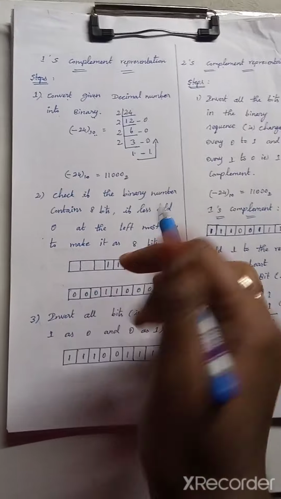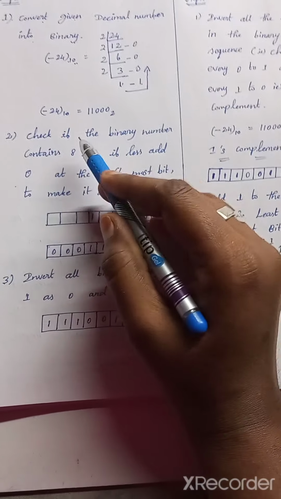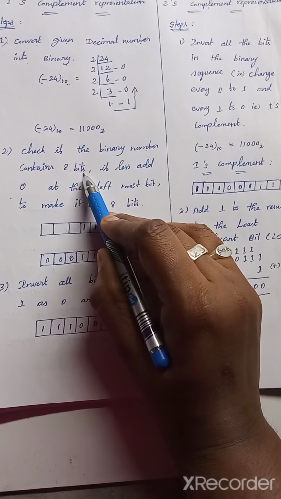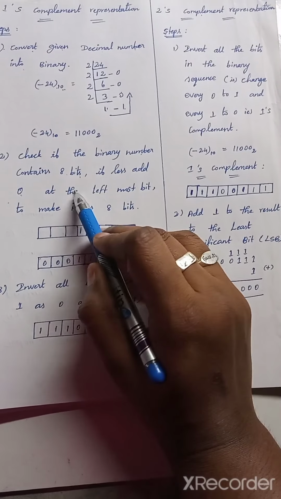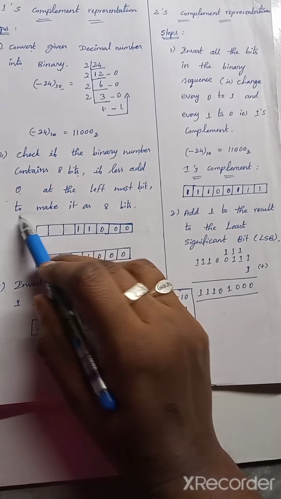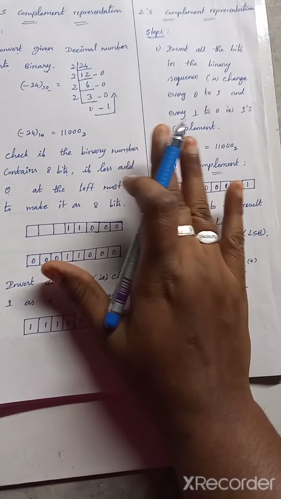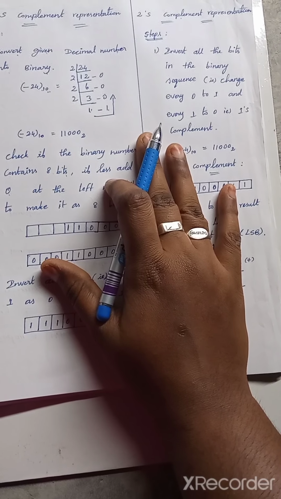The second step is to check if the binary number contains 8 bits. If less, add 0 at the leftmost bit to make it 8 bits. Why are we checking this condition? Because this is the 8-bit memory allocation.